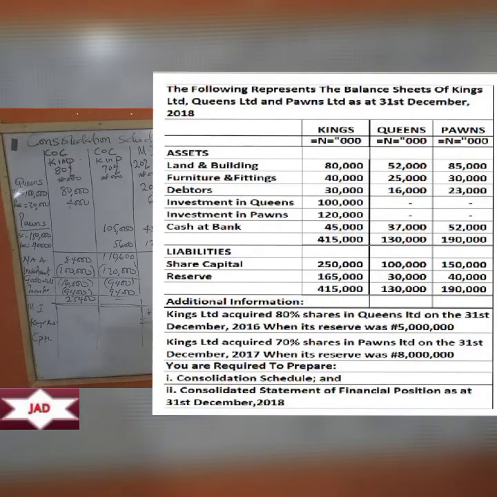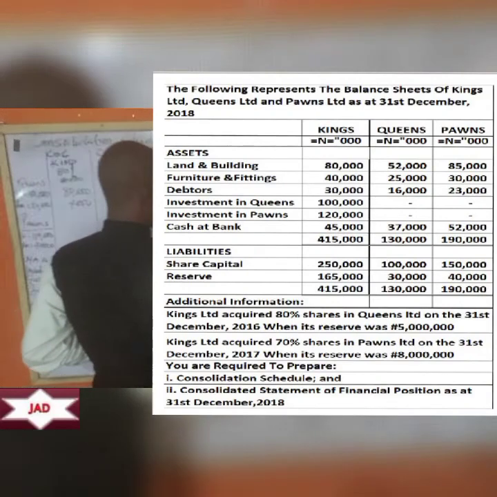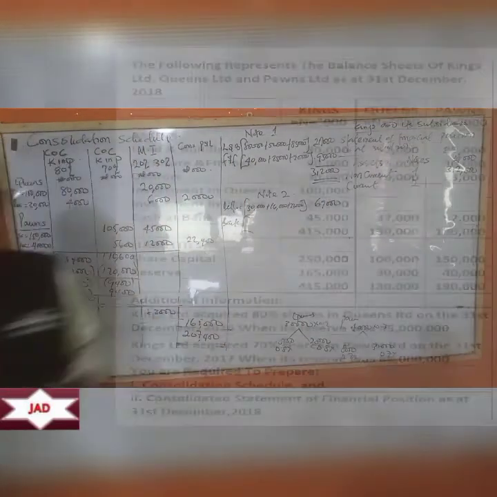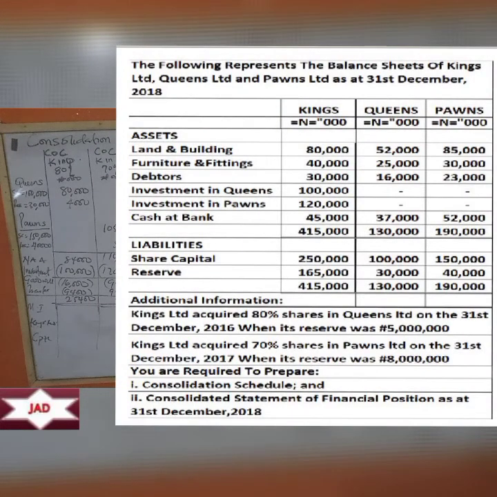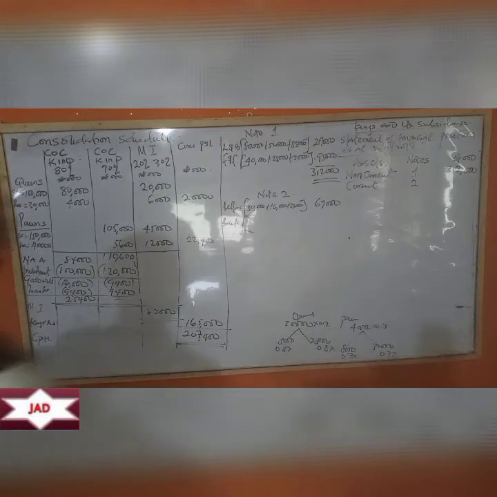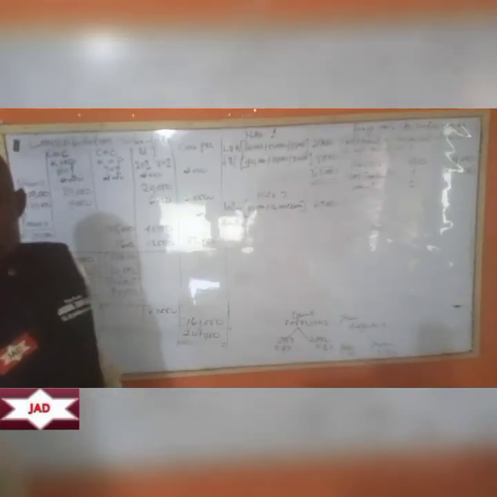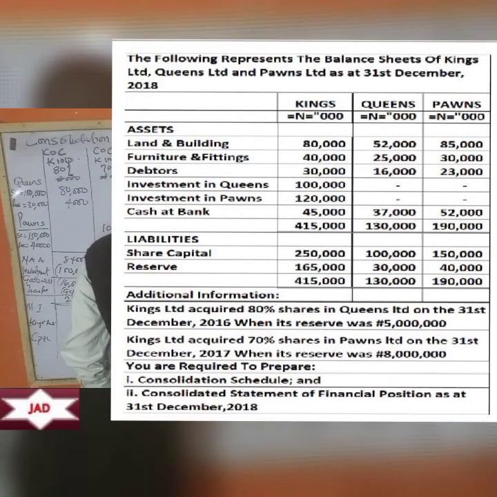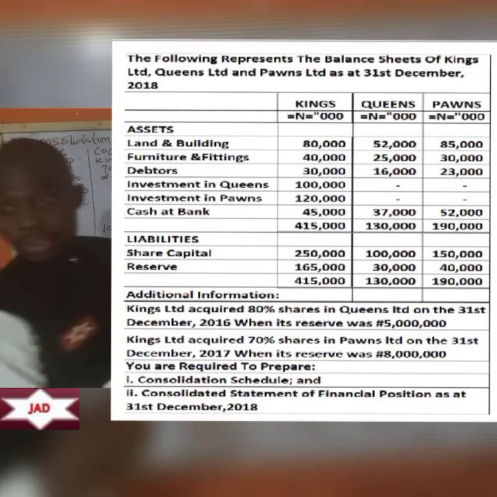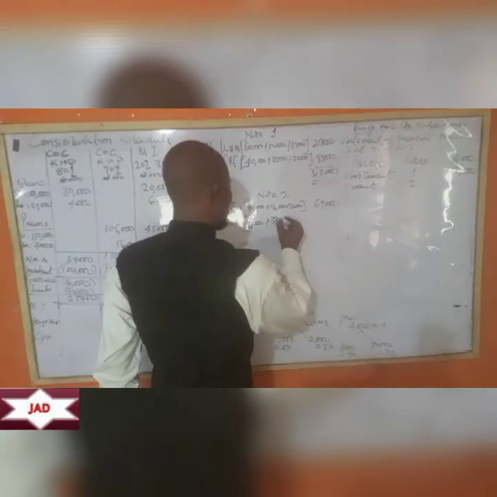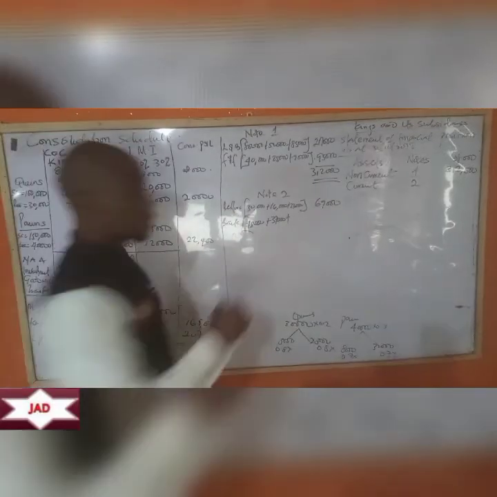So what's the next item? Bank. So what do we have in bank there? 45, 37, 45,000, 37,000, 52,000. 134, because we have 45 plus 37,000 plus 52,000.